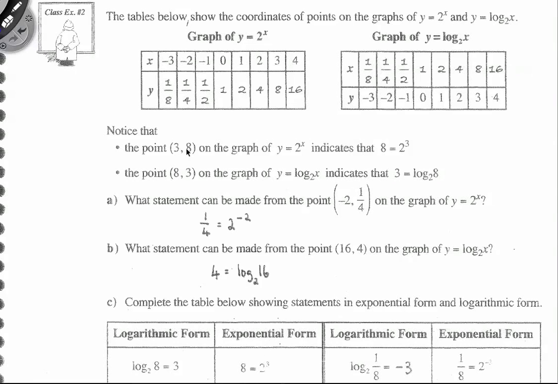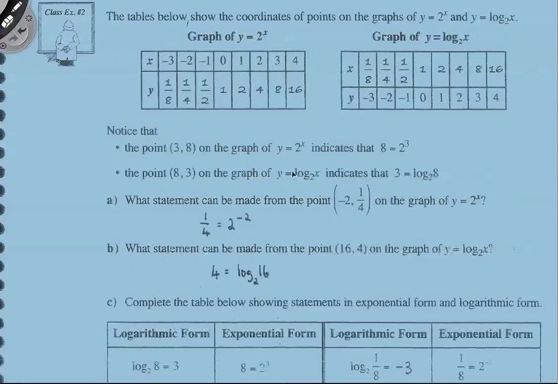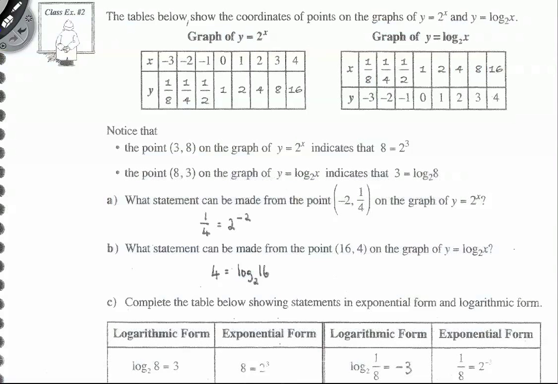Notice that the point (3, 8) on the graph of this, x is 3, y is 8, is indicating this. And the point (8, 3), which is really the inverse, if we use the inverse equation, putting 8 for x and 3 for y, it's writing it as 3 equals log of 8 base 2.